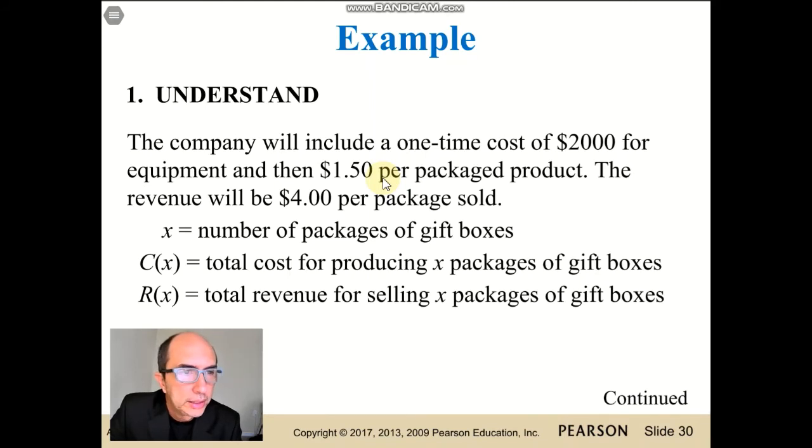Let's label the variables here. We're going to call x the number of packages of gift boxes. C of x is the total cost, a function of x that will represent the cost, and R of x is a function in x that represents the revenue.